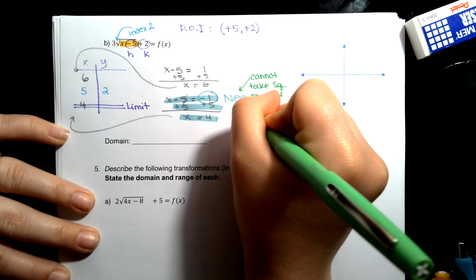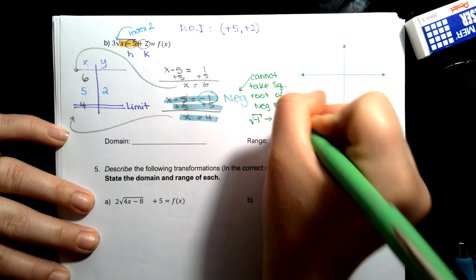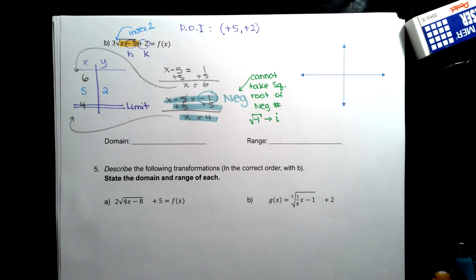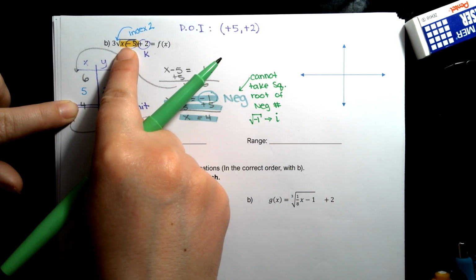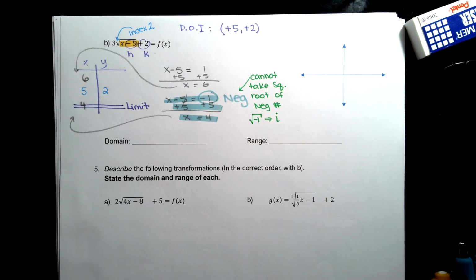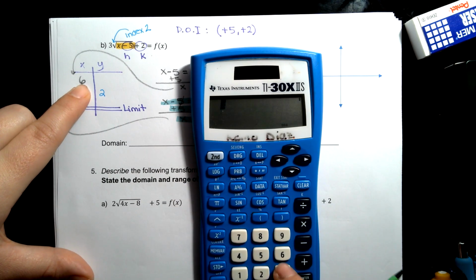So if I have a square root of -1, that actually gives me i. That's imaginary. We can't graph that. So when I plug in 4 into our x value, that will give me an error. So let's go and start with 6.